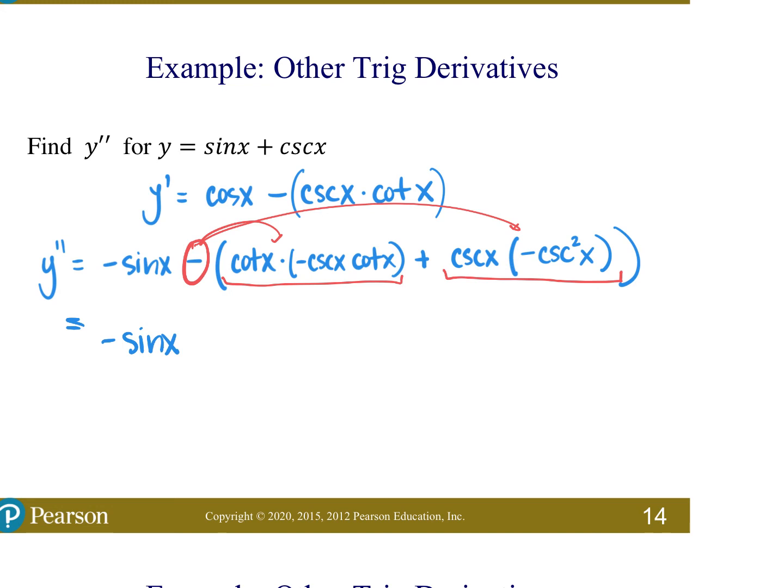Then what comes next? A plus. Okay, why is it a plus? Because I've just distributed my negative to the quantity that was multiplied that had a negative in it already. Okay, so I have cosecant x, and then how many cotangents? 2. So I can write that as cotangent squared, or I can write it as parentheses cotangent quantity squared.